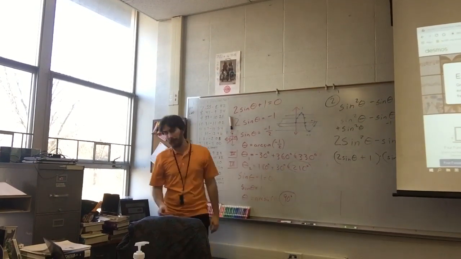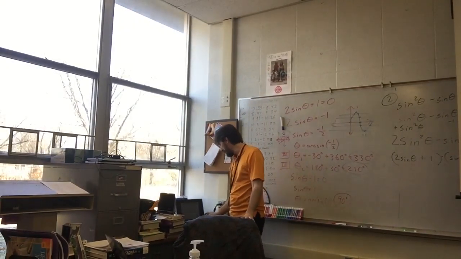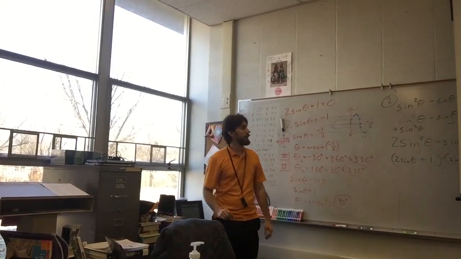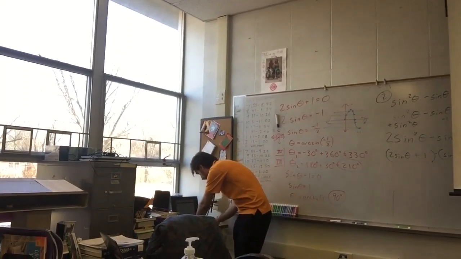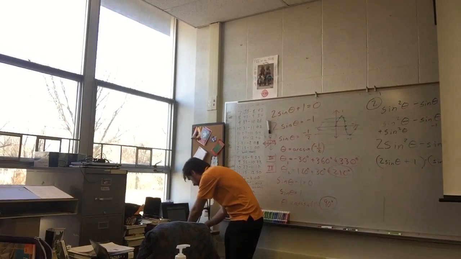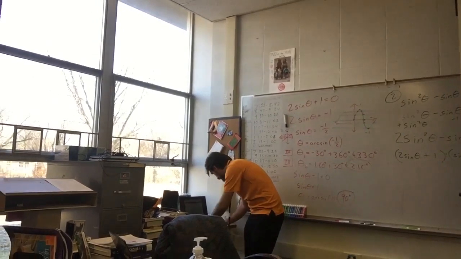The last strong hint that that will be the only solution is you'll grab your TI-84, you'll type in the left side as your first equation, sine squared x minus sine of x. You'll type in the right side as your second equation.